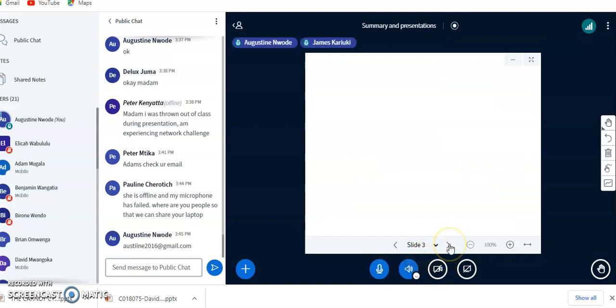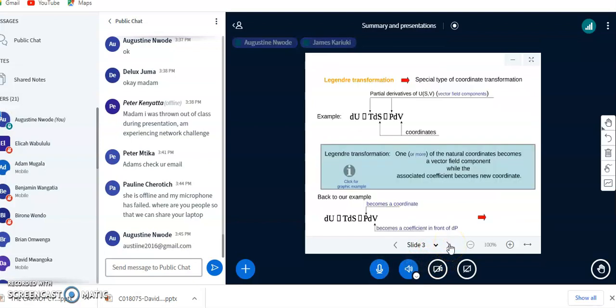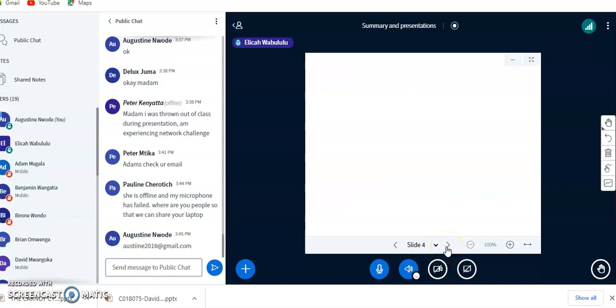We have something here. Legendre transformation. This is a special type of coordinate transformation. I don't know if anyone has something to say about the transformation in this slide, because the owner is not present. I think this looks like the similar notes we have on the board already.